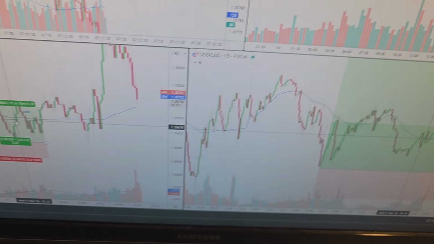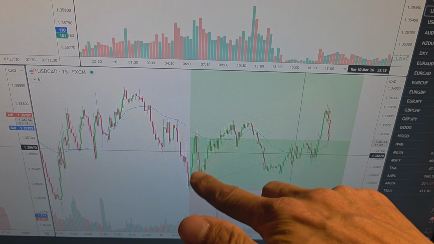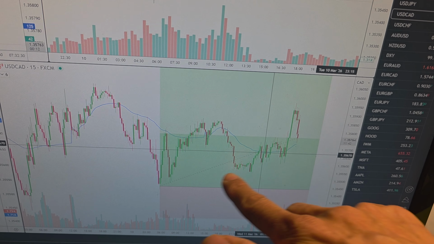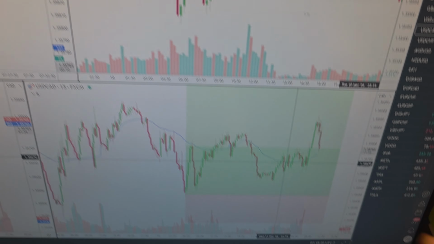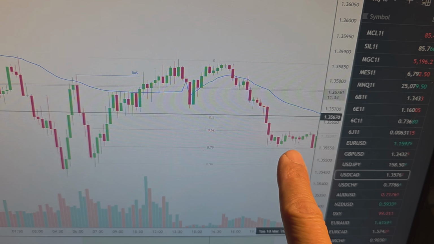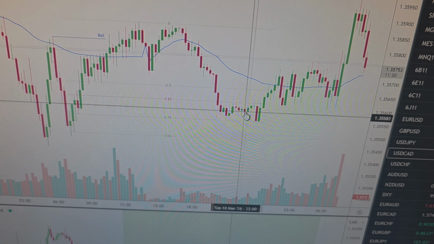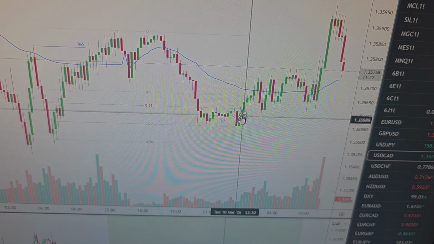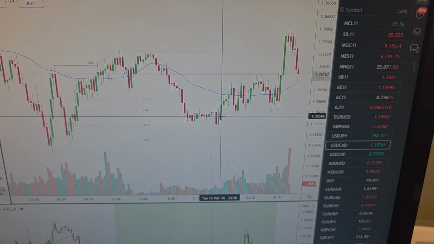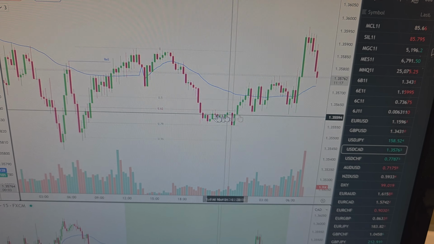So the point is, if we have a bias, and here the bias is, we made one first mover pullback, second first mover and pullback, and right there into the OTE. See right here, this cluster. So this is the second first mover, and pull back into this cluster right there.